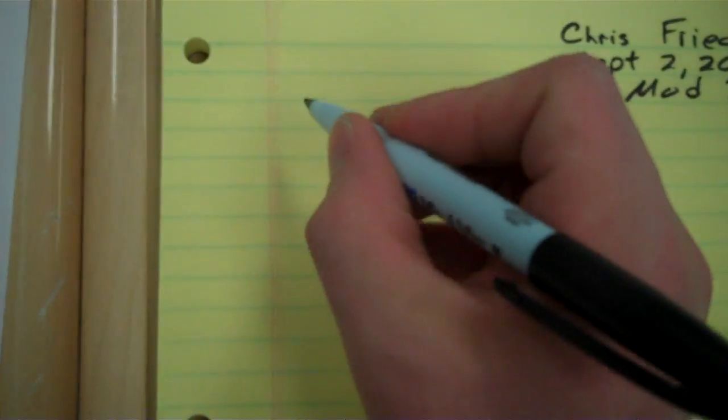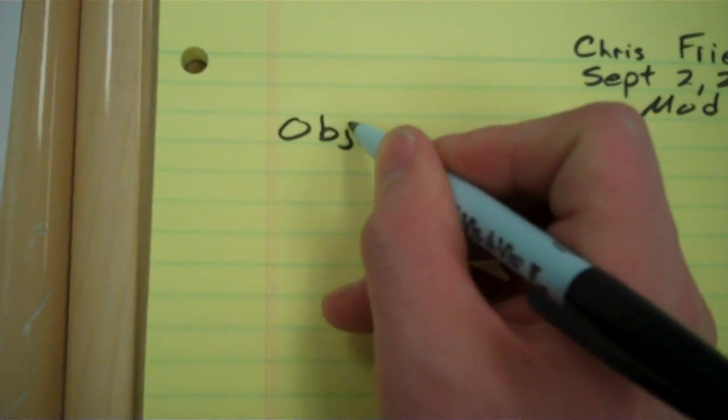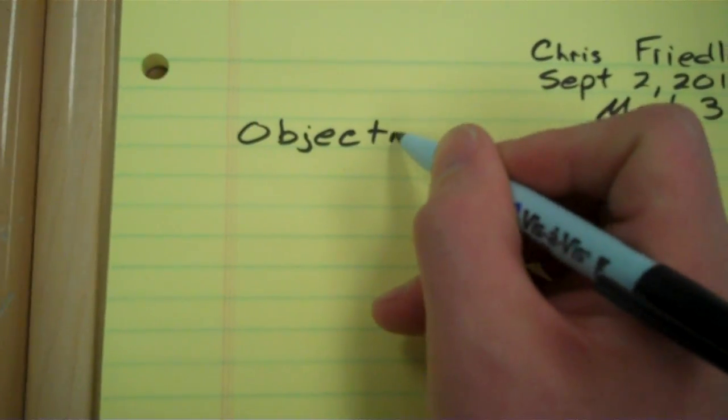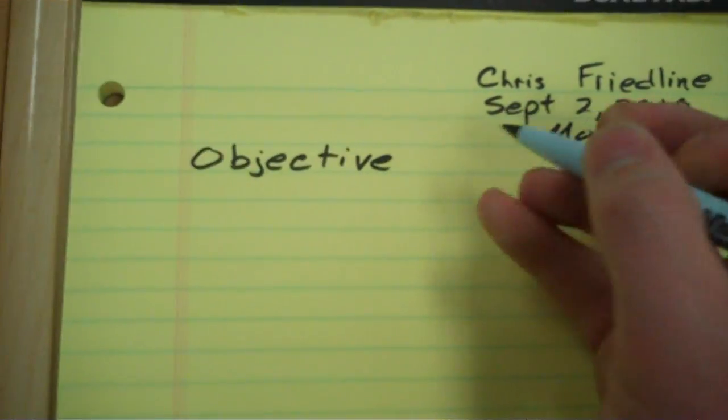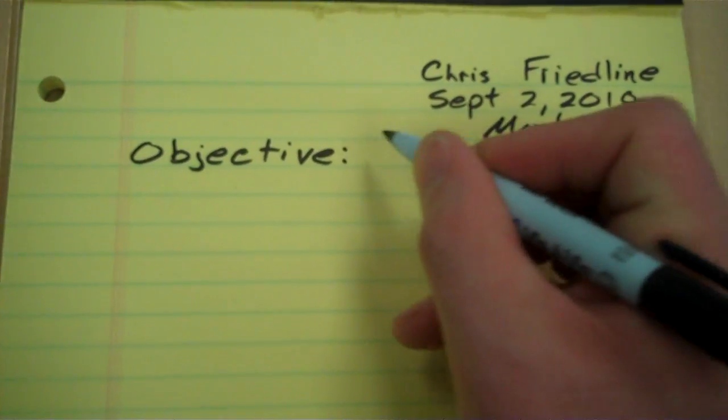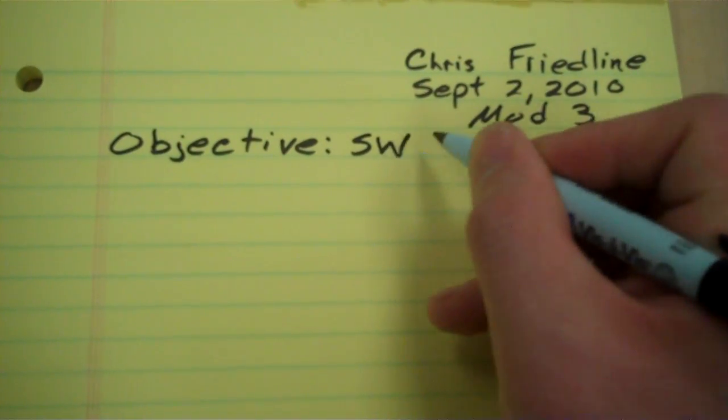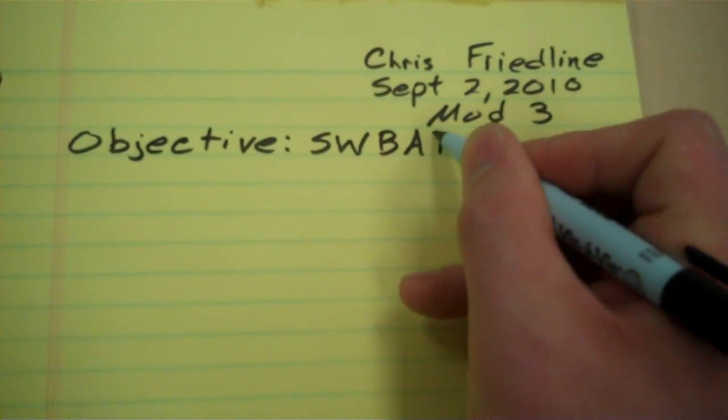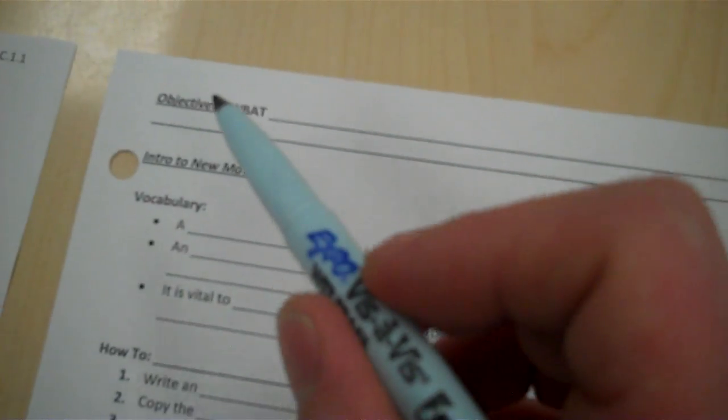After that, you'll come down one line and you'll do the objective. You don't have to write yours as big. I'm just writing it nice and big so that you can see it at home. Students will be able to, and you would get that from where you wrote down your objective this morning.